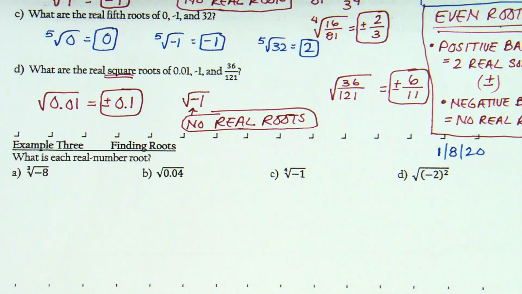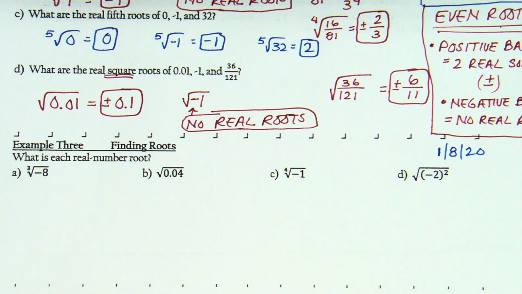Now, because it said the cube root of negative 8, what's that mean? What's my answer going to be? It's an odd root. It's a cube root. Can we do a negative? Yeah. Think about it. Negative 2 times negative 2 times negative 2.